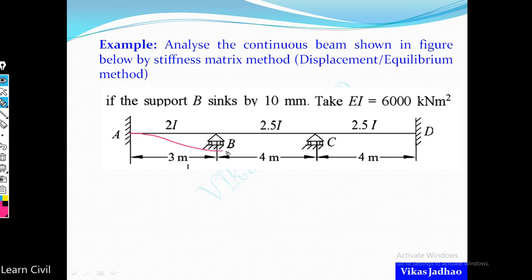After deflection, the shape of your beam will be something like this, and this will be the sinking of support, that is delta, and this delta is equal to 10 mm, or we can say 0.01 meter.